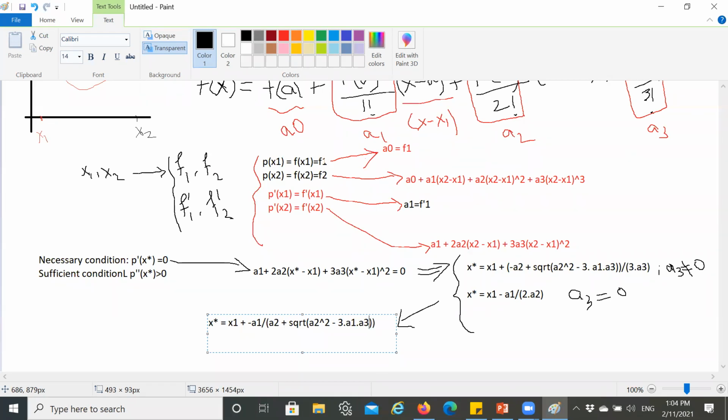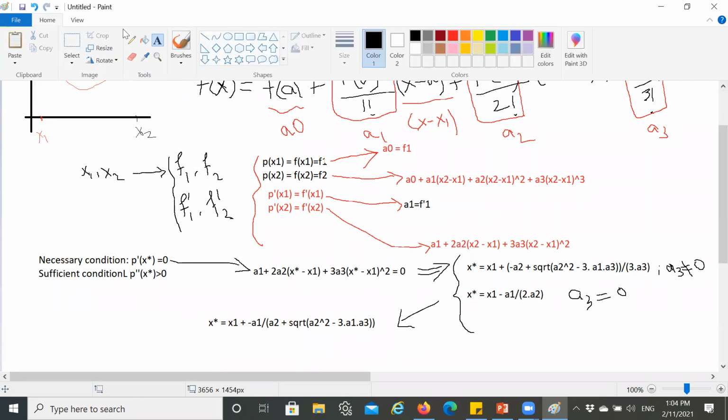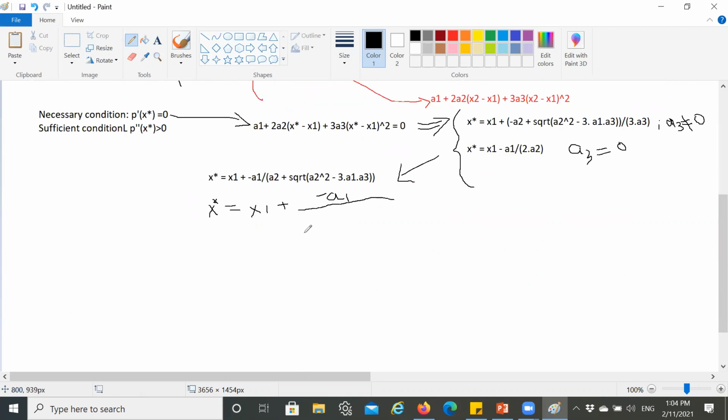Is it clear? So basically, if I want to write it with my hand, X star is equal to x1 plus minus A1 divided by A2 plus square root of A2 square minus 3 A1 times A3.